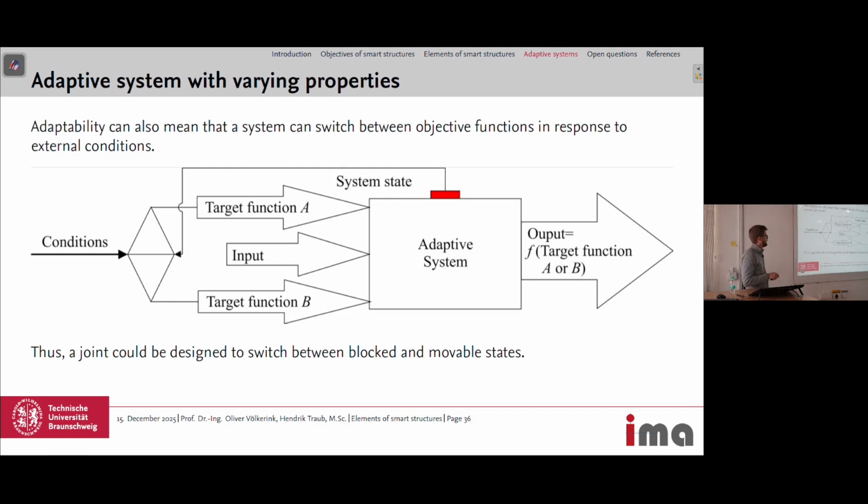It would also be these kind of adaptive systems where you switch between target function A and B, takeoff and landing, and cruise flight. And if we take the droop nose, this would also be a smart structure. And in future applications, I also have a smart structure leading edge.